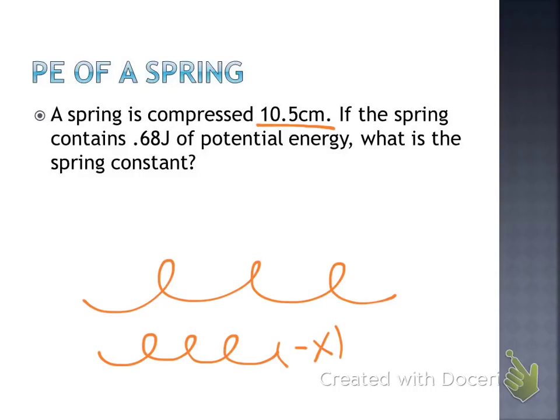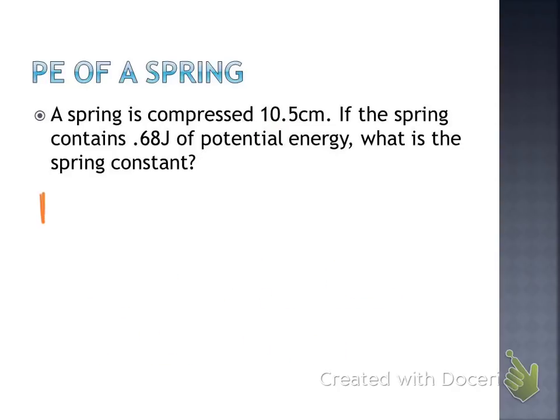But in our potential energy equation, we square that displacement value anyway, so there's no need to put in that negative. When we stretch it, it's a positive displacement. If we compress it, it's negative when we're talking horizontally. But since we square it, there's no need for the negative.